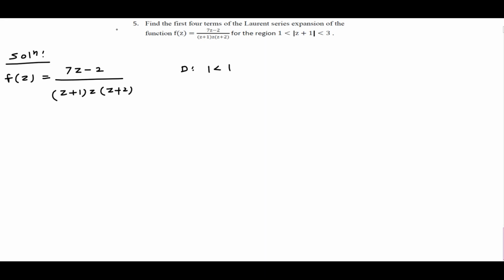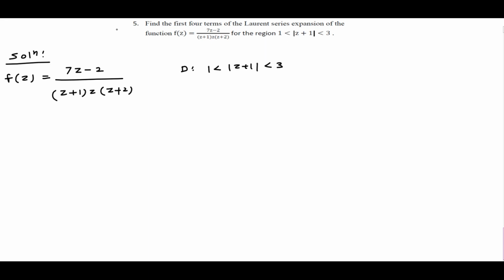So now this problem is the same as the previous one, problem 5. So let us consider the given function f of z = (7z - 2)/((z + 1) z (z + 2)), and the given domain, that is the region 1 < |z + 1| < 3.